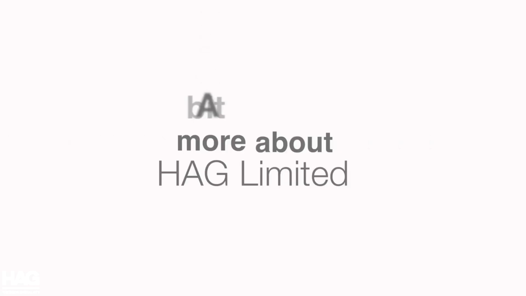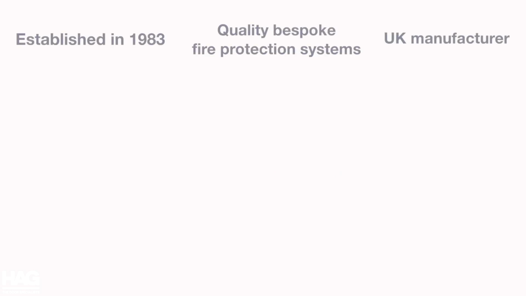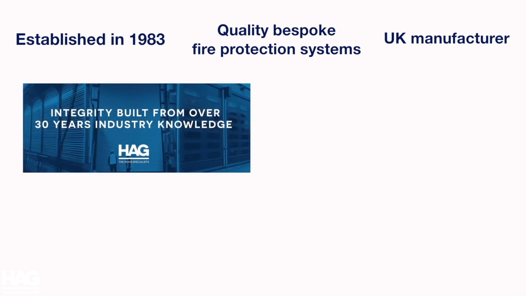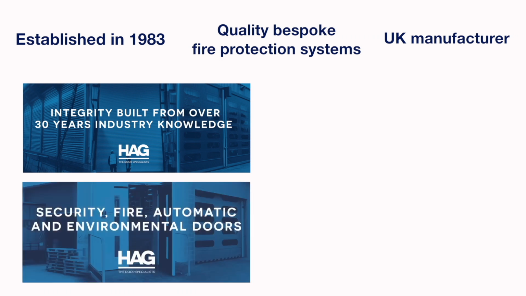As a second-generation family business, HAG continues to value the foundations that were originally laid down in 1983. Our committed team work together to provide high quality of workmanship, reliability and integrity. We specialise in a wide variety of door solutions in the following areas: security, fire, automatic and environmental doors.